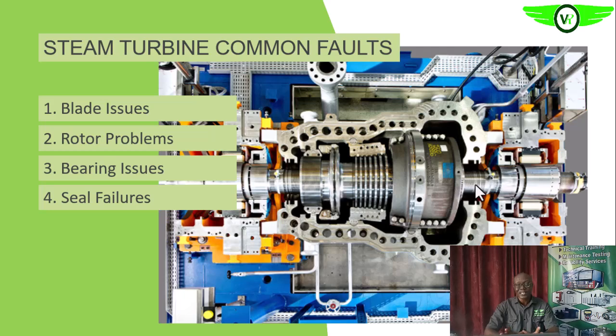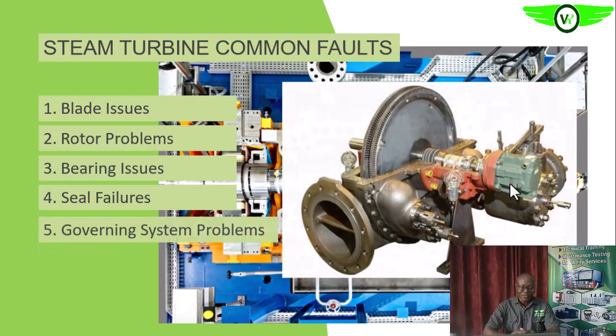So if there is any leakage, either at the back or front, that can cause loss of efficiency of the steam turbine. And if there is leakage around this area, it can cause the destruction of these bearings also. That will further accelerate the breakdown or shutdown of your steam turbine. So we are going to look at seal failures, the possible causes and the possible remedies.